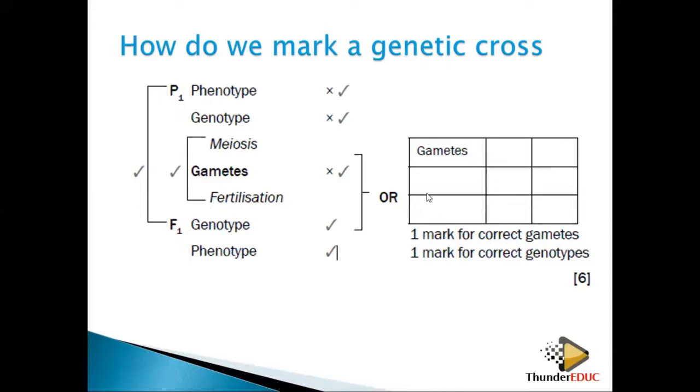Another thing we do when we are marking you is make sure that there is a compulsory mark in the genetic cross. If they ask you a question, maybe P1 and F1 should be the compulsory mark. And this question is how many marks? For example, there are 6 marks. And then if you count here, 1, 2, 3, 4, 5, 6, 7, there are 7 marks.